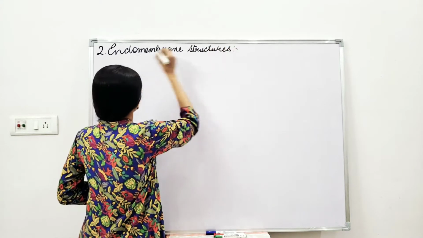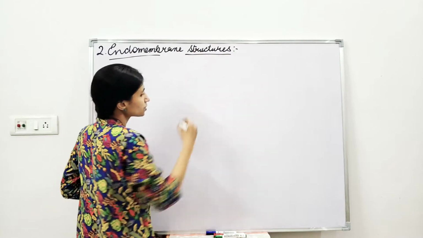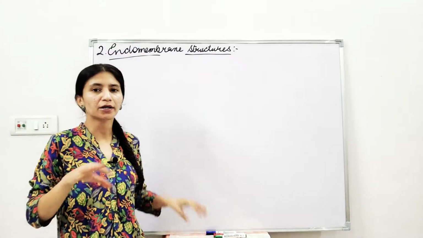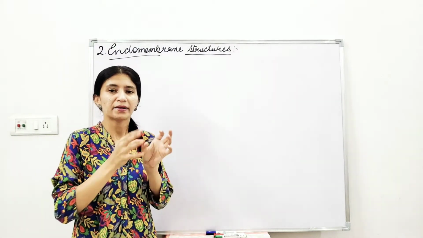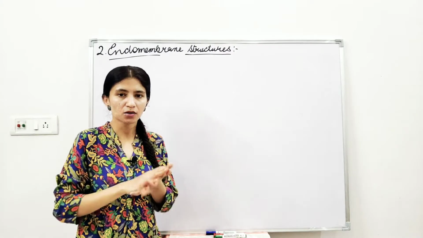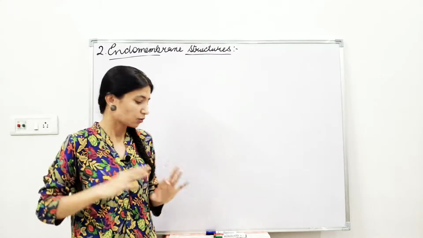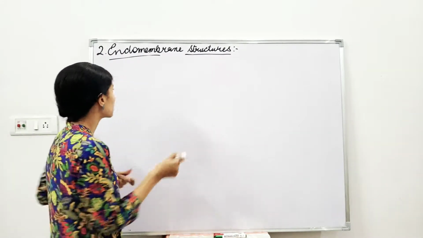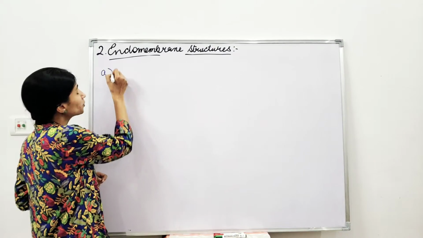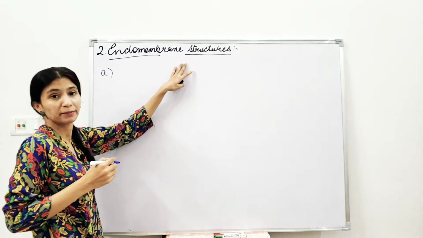Now, endomembrane structures are those structures which are part of a particular system present in the cell, which has membrane-bound organelles that work in coordination. According to this, there are 4 types of organelles of the cell which are part of the endomembrane structures.